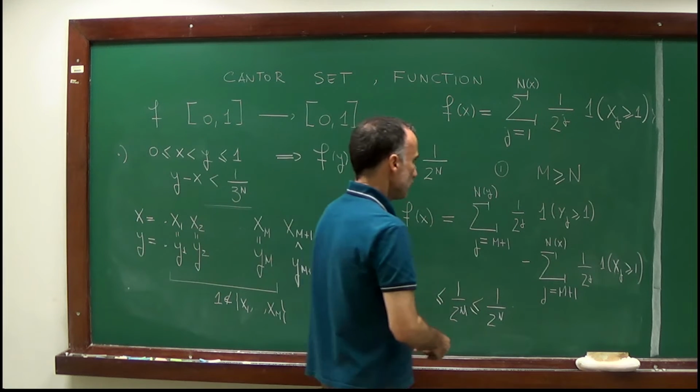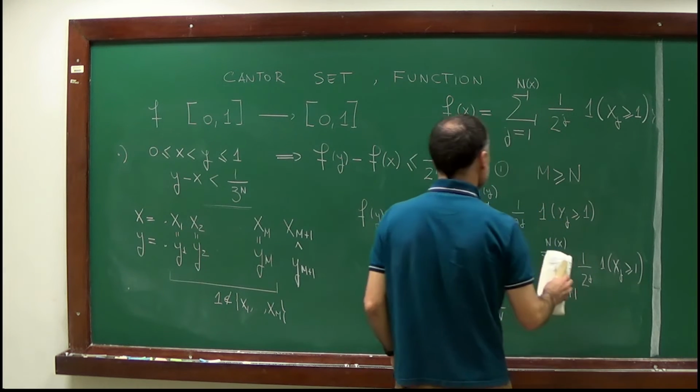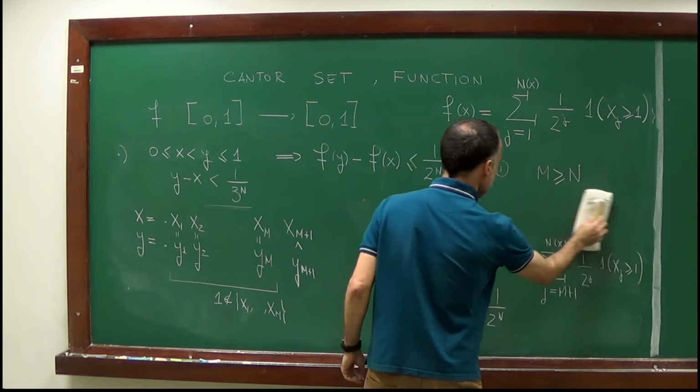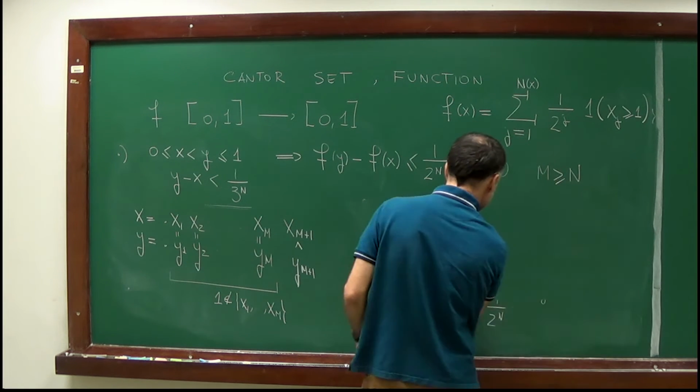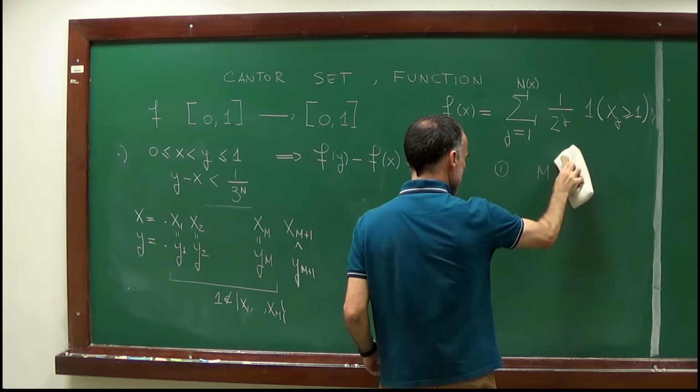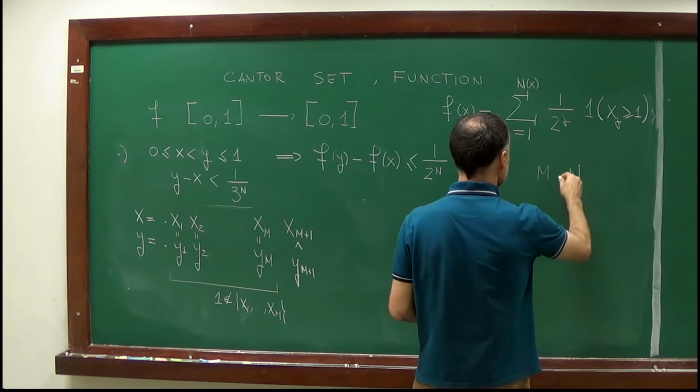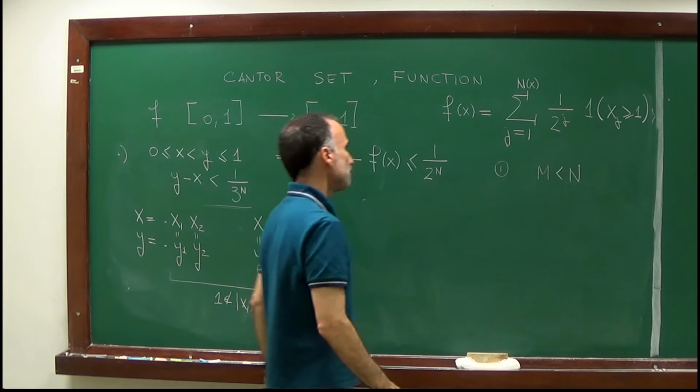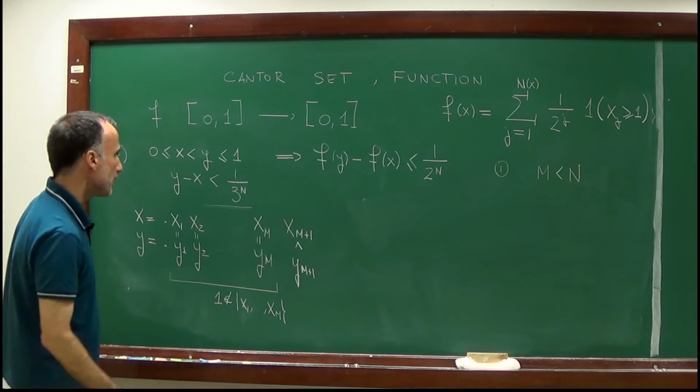So the only difficult case is the case in which m is smaller than n. So now I will consider the case in which m is strictly smaller than n.